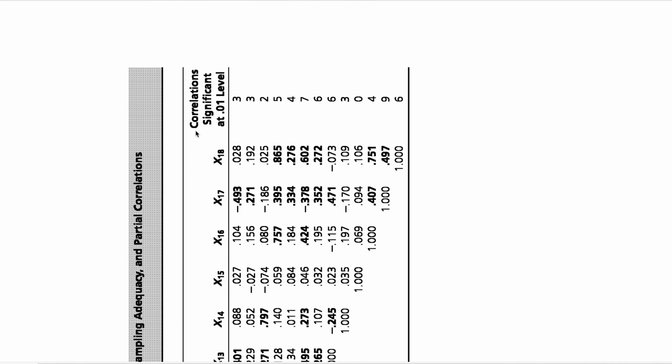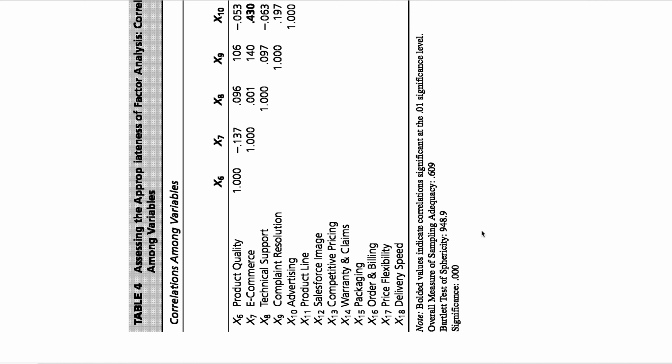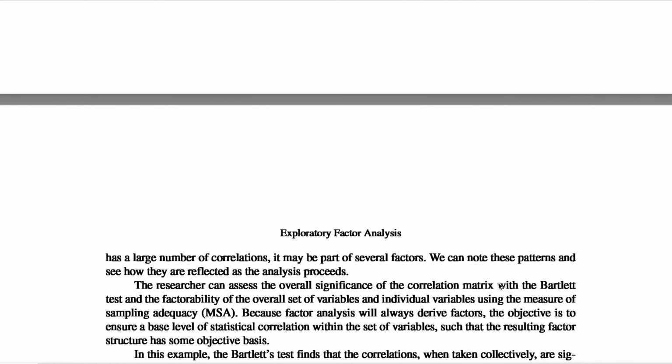The bolded values indicate correlations significant at the 0.01 significance level. The overall measure of sampling adequacy is 0.609, and the Bartlett test of sphericity is 948.9 with significance 0.000. So these are the data.